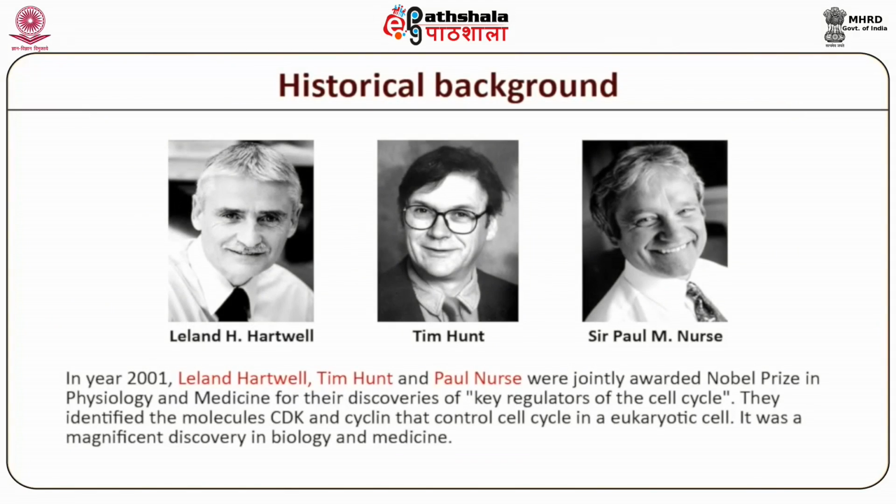A recent discovery, reported in the beginning of the 21st century: three scientists, Leland Hartwell, Tim Hunt, and Paul Nurse, were jointly awarded the Nobel Prize in Physiology or Medicine for their discoveries of key regulators of the cell cycle.